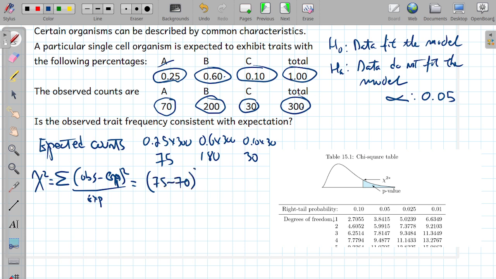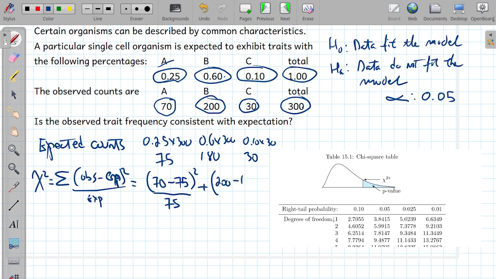I got that backwards. It doesn't matter as long as we have the expected count in the denominator. Well, I don't want to mess anybody up, so let me fix that. So this was 70, and this is 75. Okay, there we go. Now, here we have the observed was 200.